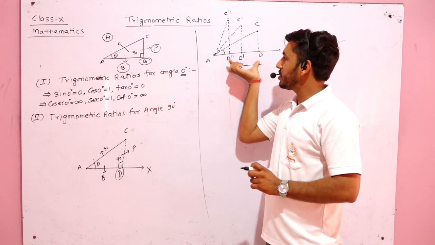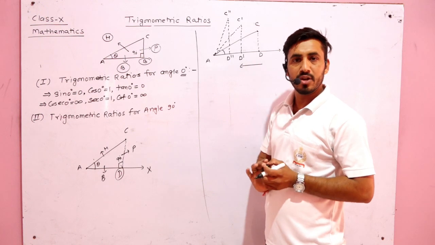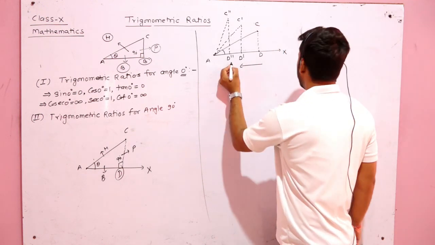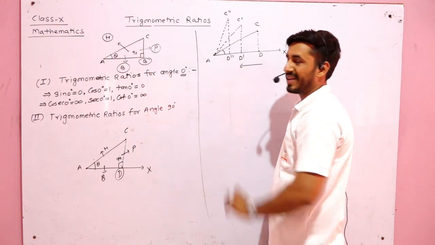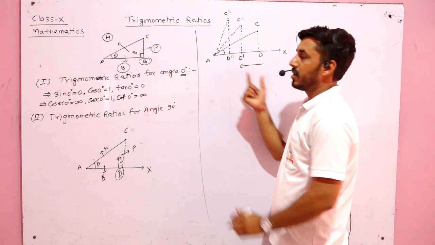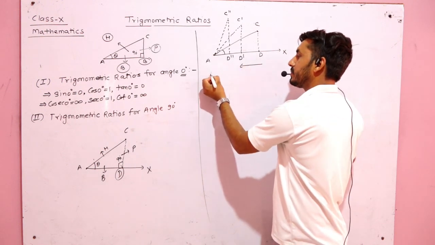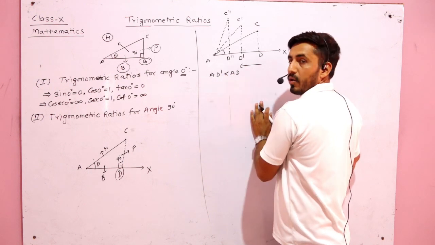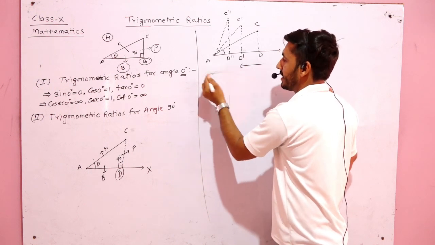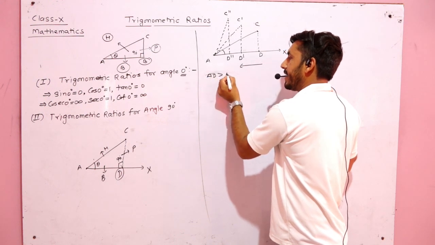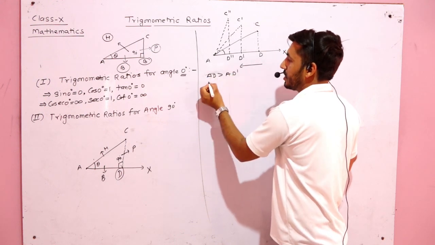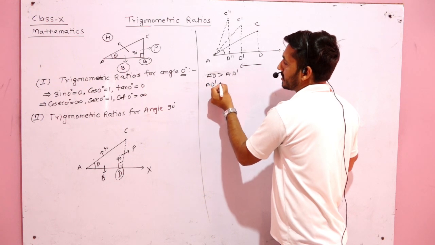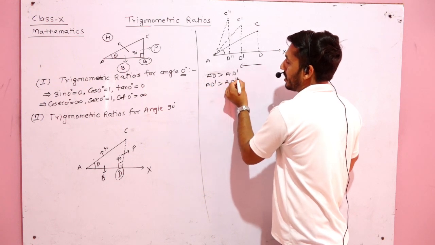It means this distance is decreasing continuously. First we can write AD dash is less than AD, or in the second condition we can write AD is greater than AD dash. In third condition AD dash is greater than AD double dash.